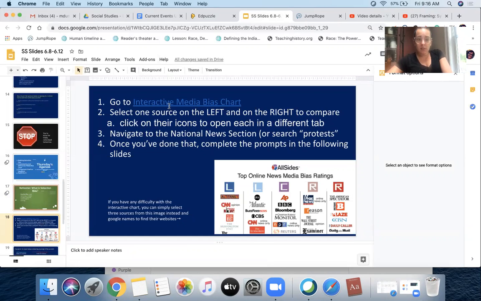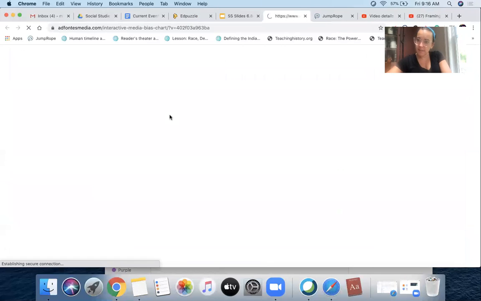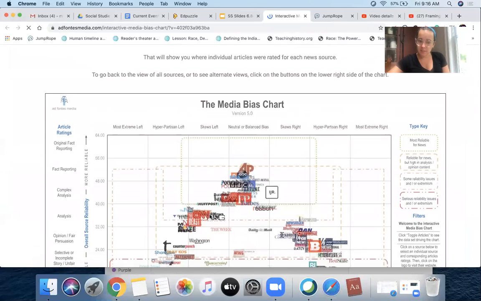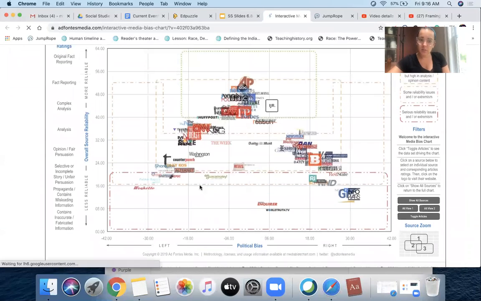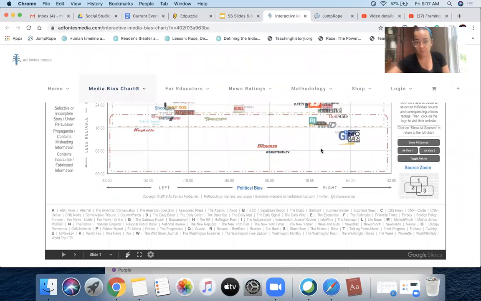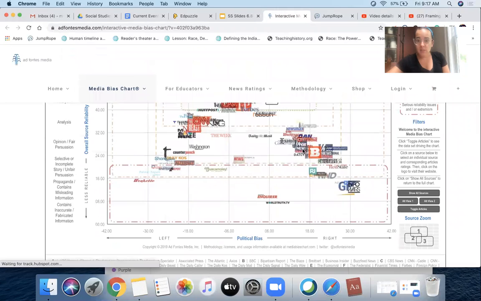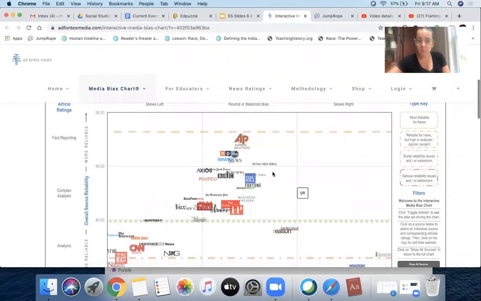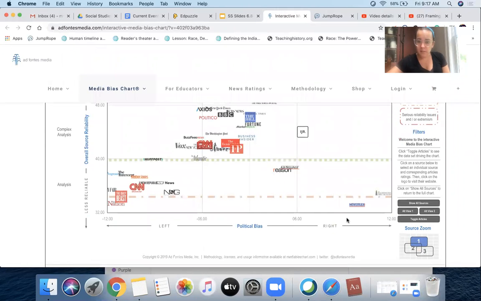But to do that today, you are going to open this interactive media bias chart to choose 2 different sources to compare. You're going to try to choose a source that is more on the center left and a source on the right. If you don't know what to do, you can just use NPR and Fox News like we did yesterday.